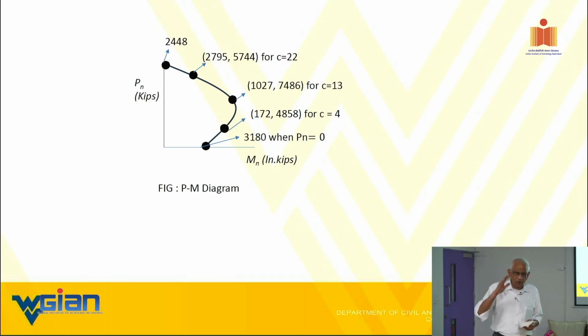Remember, the code is a lower bound code. It is not an upper bound code. The code asks you, you challenge us. They are not worried, they're always looking for the right answer.